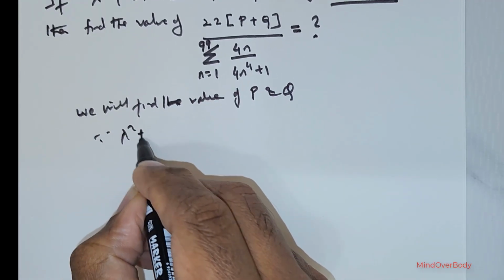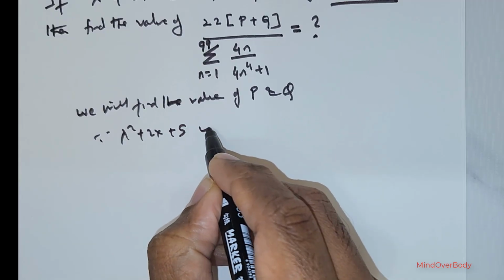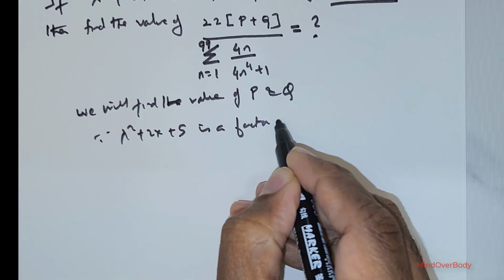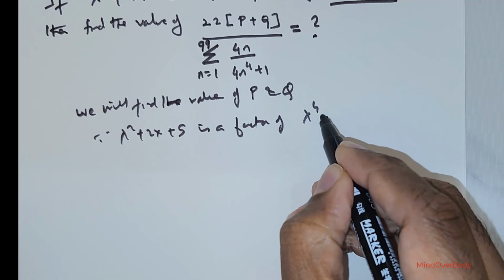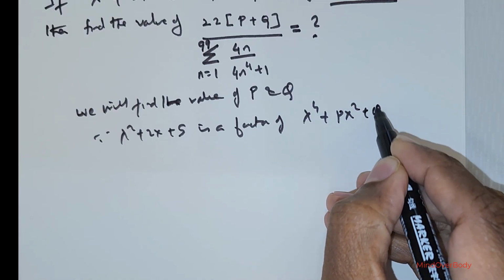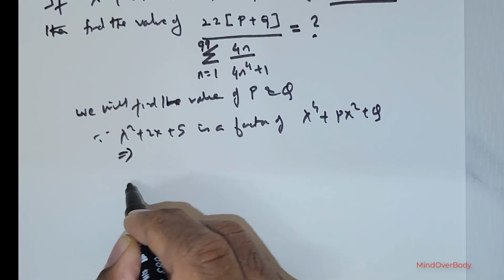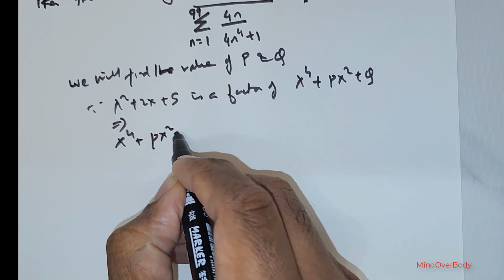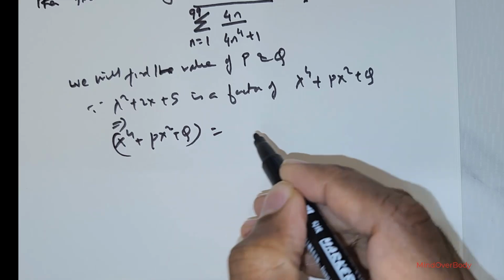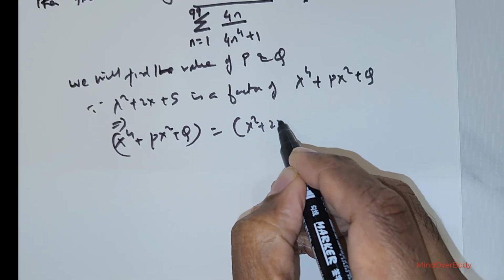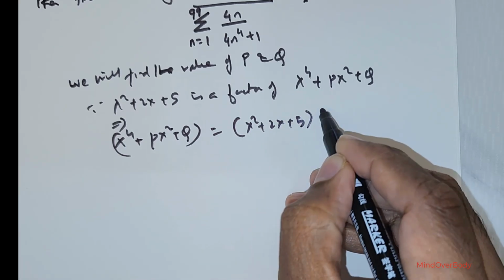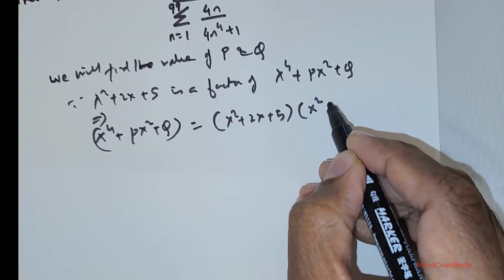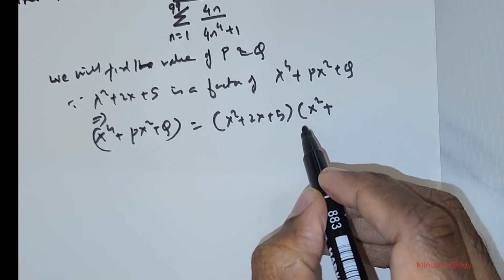Now, since x squared plus 2x plus 5 is a factor of x to the power of 4 plus p x squared plus q, this would mean x to the power of 4 plus p x squared plus q is equal to x squared plus 2x plus 5 times x squared plus.